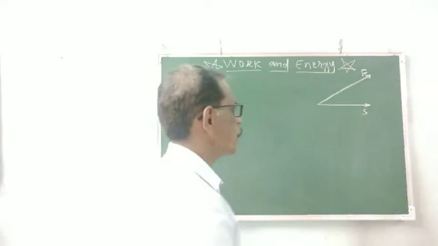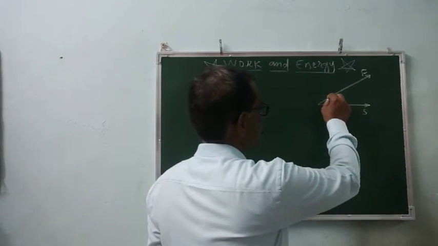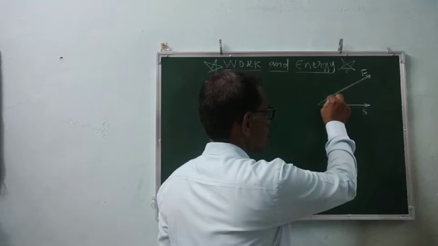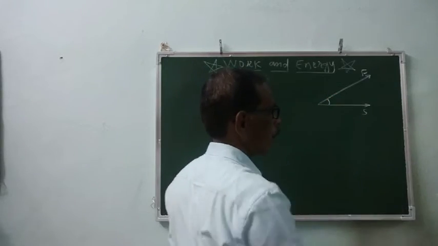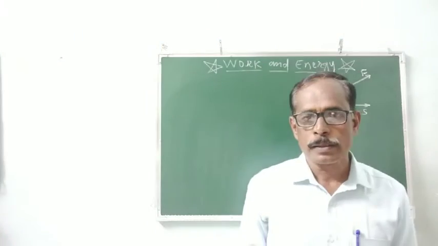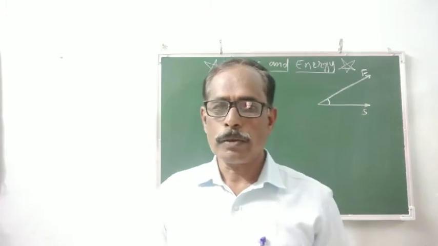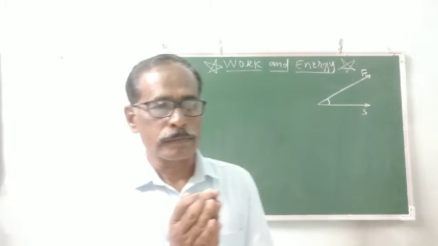When the direction of the applied force and the direction of the displacement are not in the same direction, they have some angle in between them. In this condition, how can we calculate the work done?